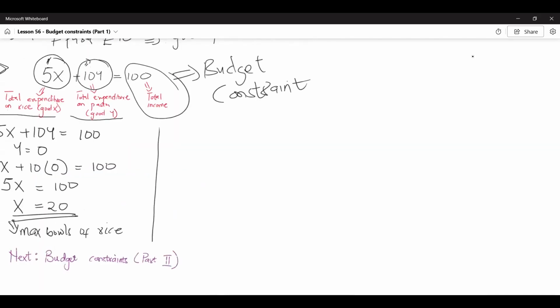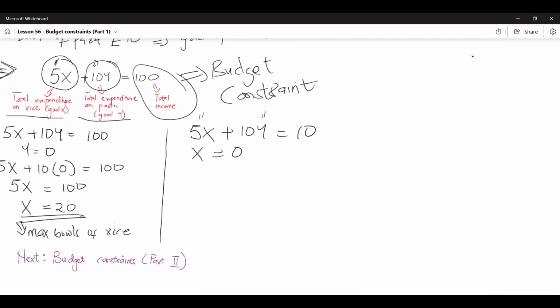Then on the flip side, if Ella decides to spend all her income on only pasta and buy 0 bowls of rice, what is the maximum bowls of pasta that Ella can afford? So we're going to rewrite our budget constraint again. And in this case, x is equal to 0, which means Ella spends all her income buying y and nothing of x.